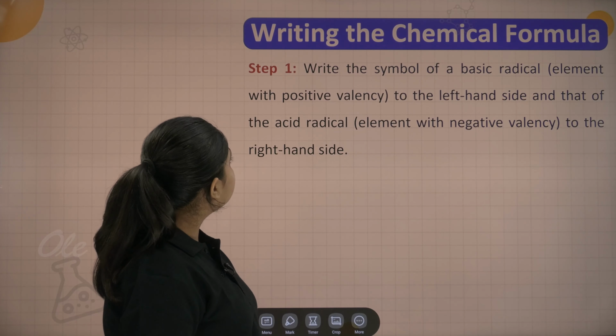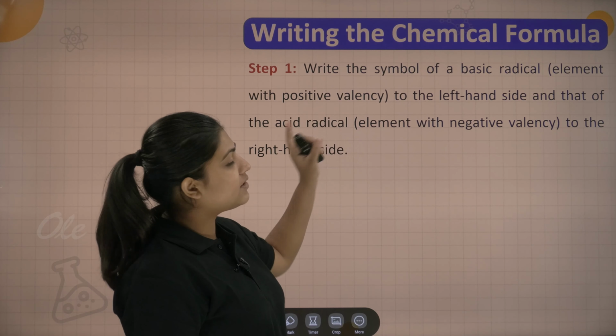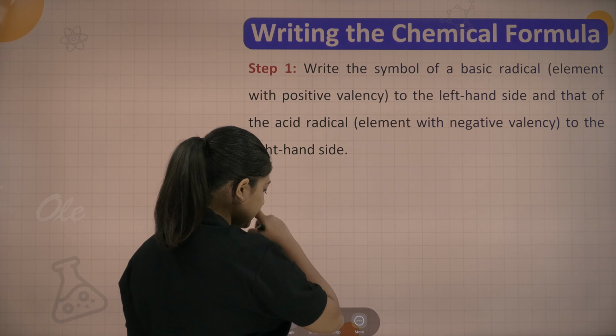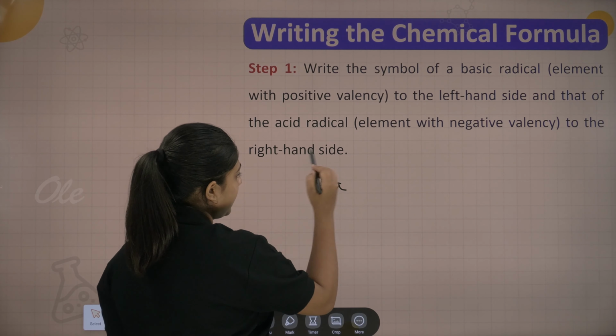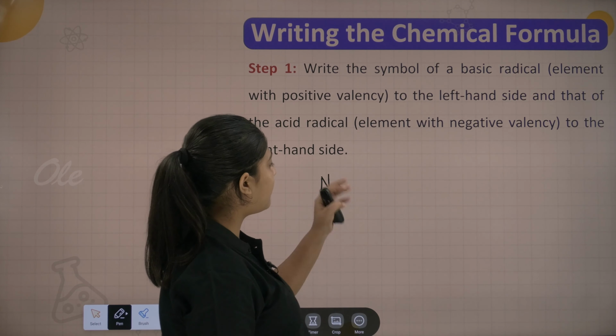Now, write the symbol of the basic radical element with positive valency. Let us again take the example of Na. You need to write it on the first side, that is Na, because it will have the positive valency.